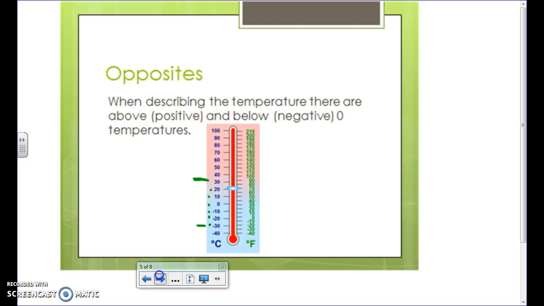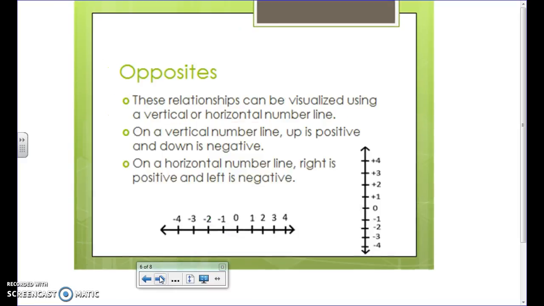So let's take a look here. Opposite numbers are just the same number with an opposite sign. The two really important things, especially when we start graphing coordinates, are to remember that to the right, the numbers get bigger, and to the left, the numbers get smaller.